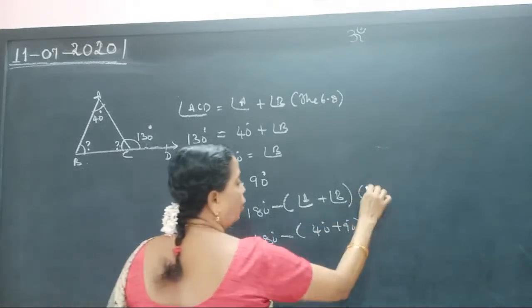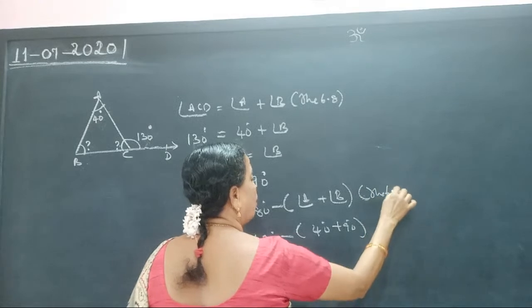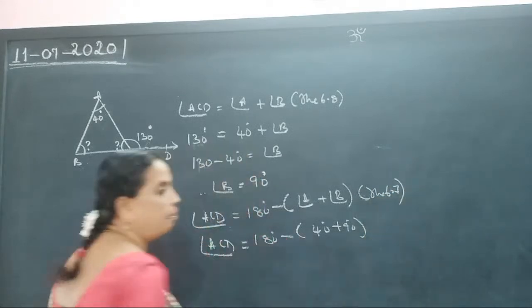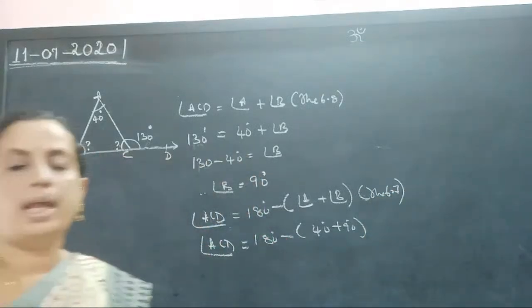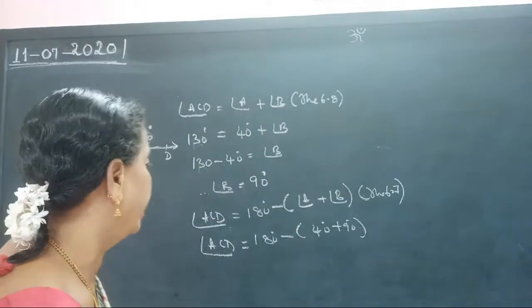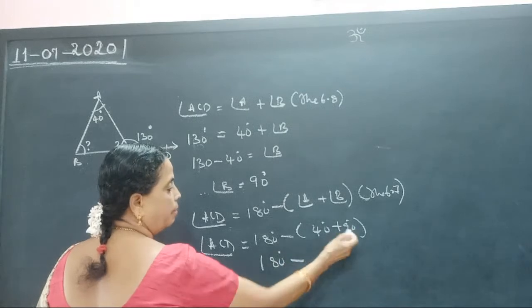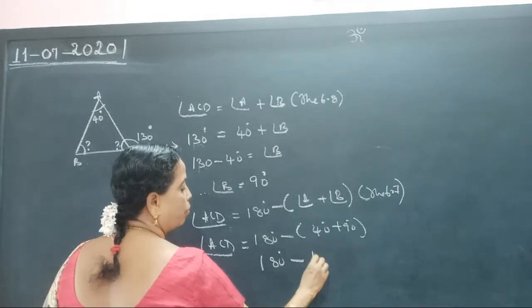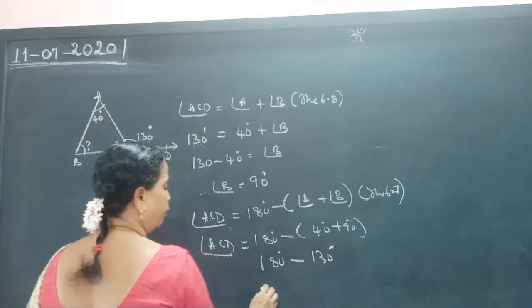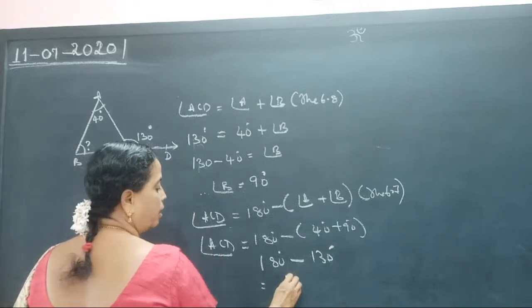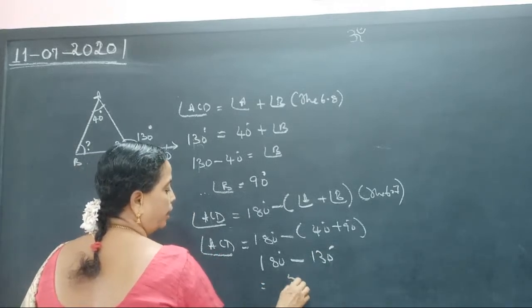This is according to theorem 6.7. We applied that the sum of the three angles of a triangle is 180 degree. So what you get? 180 degree minus (90 plus 40), it is 130 degree. Therefore, angle ACD equals 50 degree.